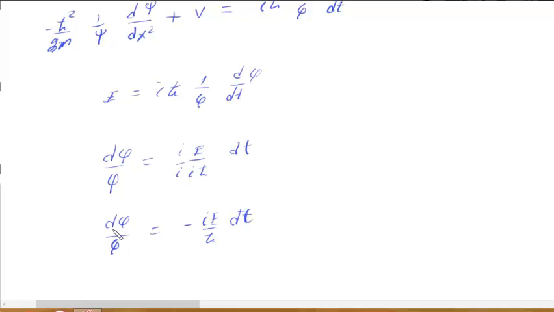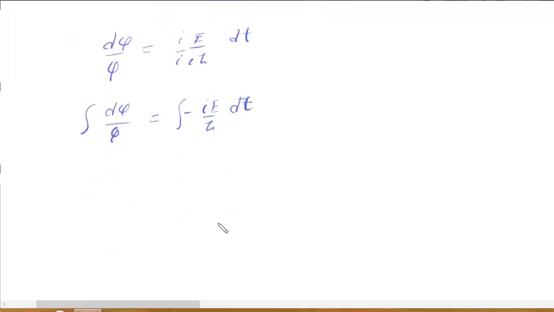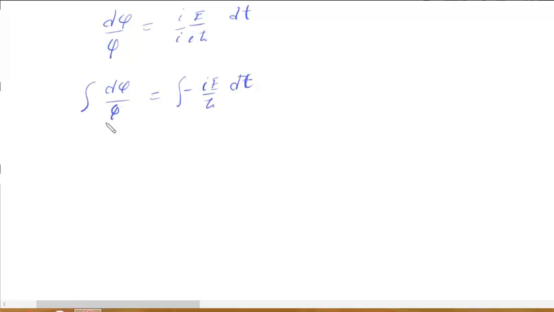Now we integrate this equation on both sides. Here this is the function and here is its derivative, so we take the natural log. The integration gives natural log of phi equal to minus i E divided by h cut, where this is constant, and the integration of dt is t.